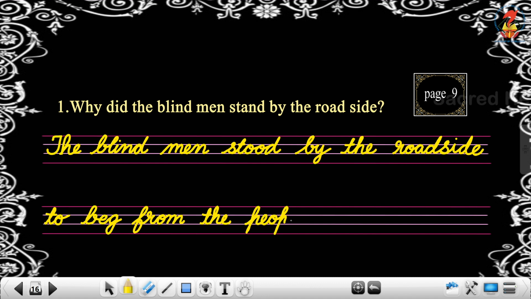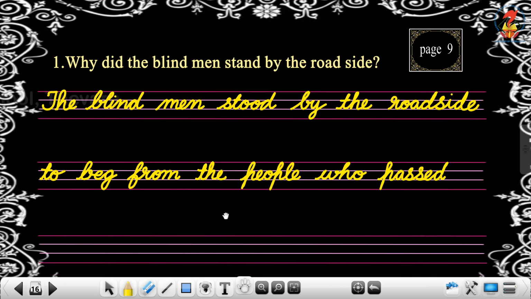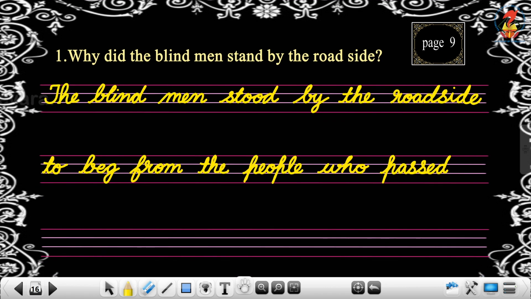P-E-O, P-L-E, people who passed by them. Who, W-H-O, who, passed. P-A-S-S-E-D, passed, by them.